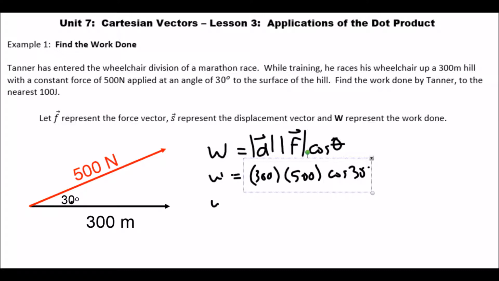So the work done here is 1299, and it's just needed to the nearest 100, so 129,900 joules. So I'd write a therefore statement. Therefore, Tanner did about 129,900 joules of work on the wheelchair. If you want to see a proper therefore statement, there is one on the class website.